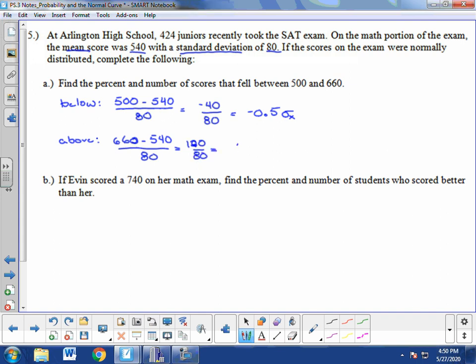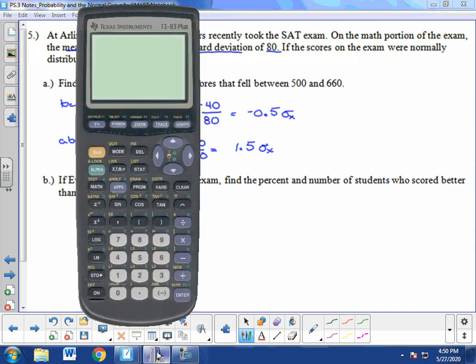And if we divide this, this would be a positive 1.5, positive 3/2, or 1.5 standard deviations above the mean. So this is telling us that if we want to find the percentage and number of scores that fell between 500 and 660, we're looking at half a standard deviation below and 1.5 above.